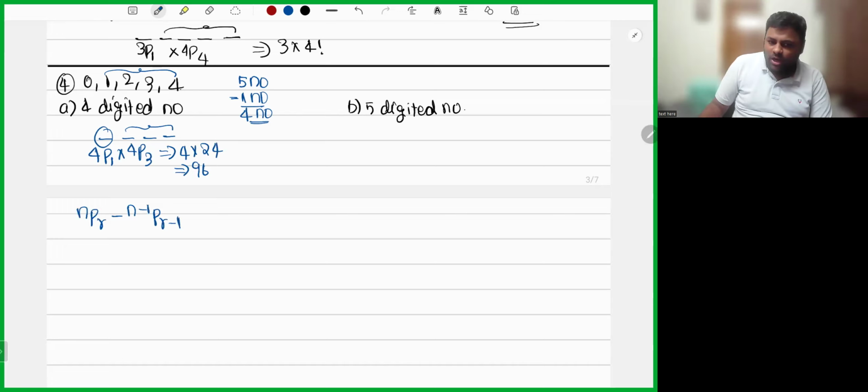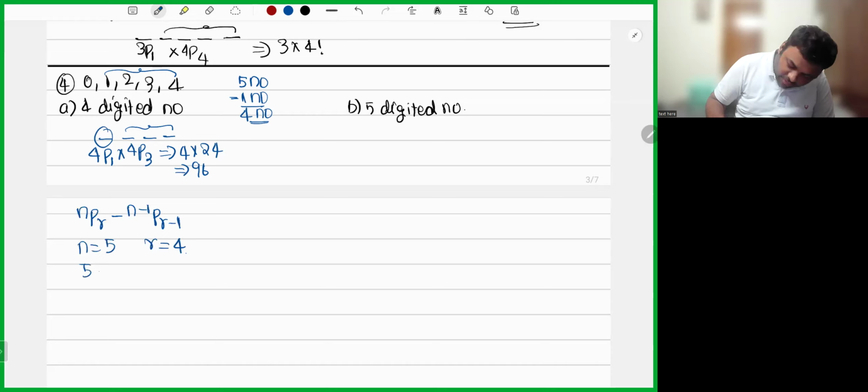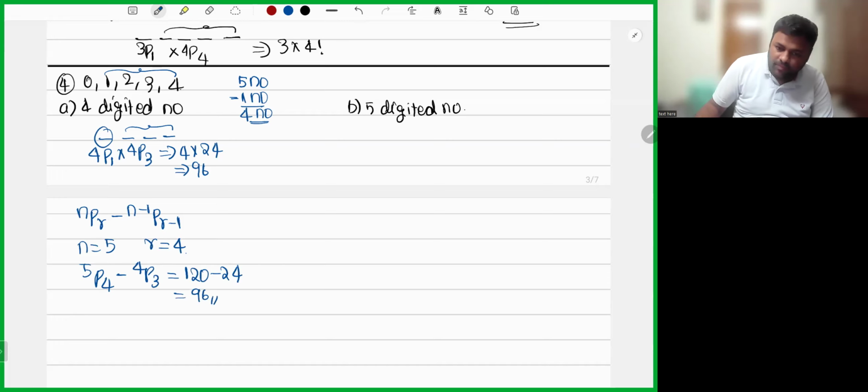This is the formula I use. 5 numbers are there in our case. I need to form a 4-digit number. 5P4 minus 4P3. 120 minus 24, which equals 96.